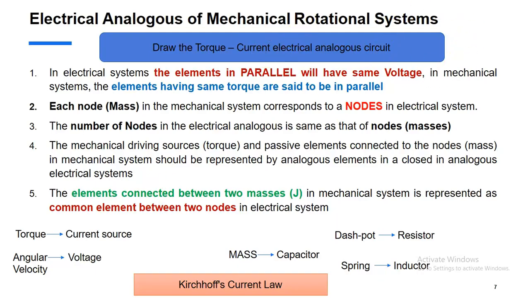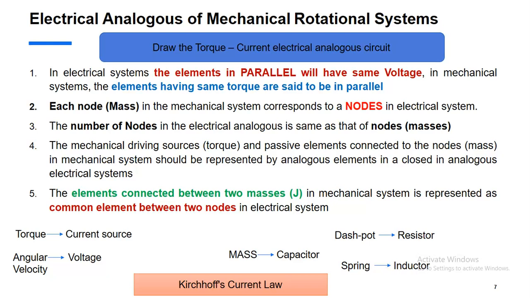torque current electrical analogous circuit. In an electrical system, the elements in parallel will have the same voltage. Likewise, in a mechanical system, the elements having the same torque are said to be in parallel.